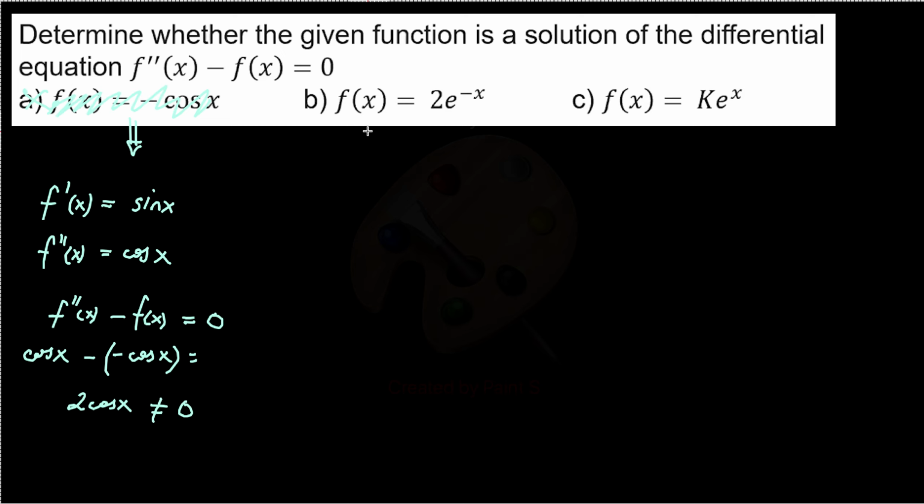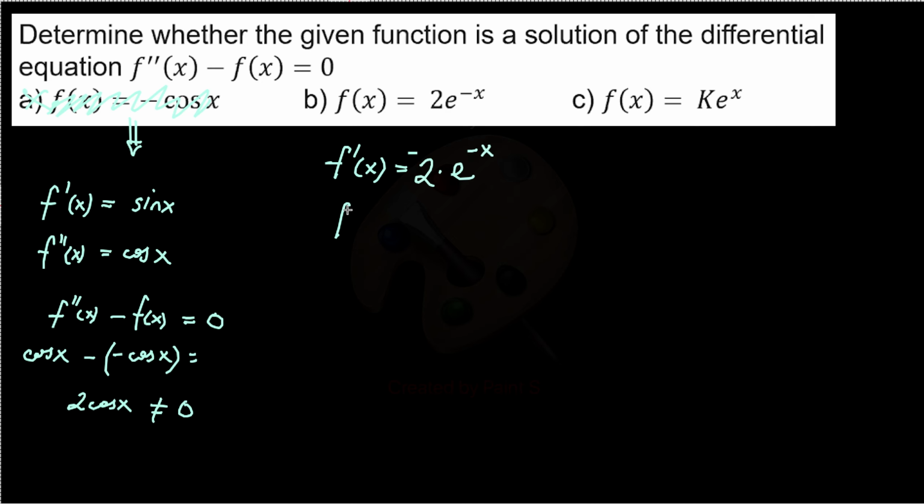Now let's check the next one. Again, I just do the same thing here. The 2 comes out. The derivative of e^(-x) is e^(-x) times the derivative of negative x, which is negative 1, so we get negative 2 times e^(-x). Don't let that confuse you, that's a negative 2 here.